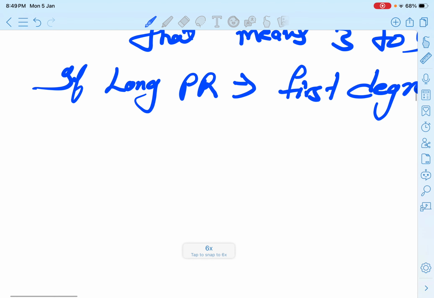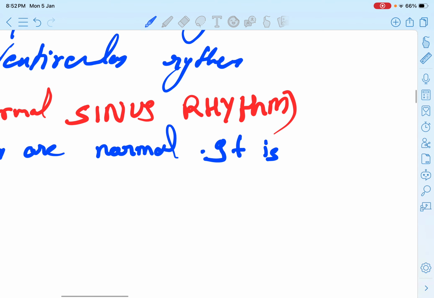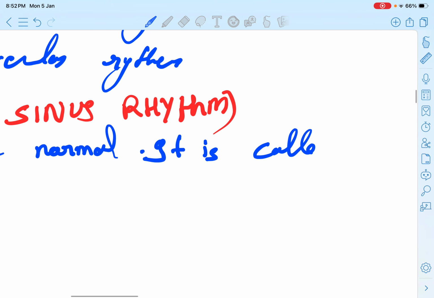Firstly, what we all studied previously: heart rate, rhythm, waves, intervals, duration.